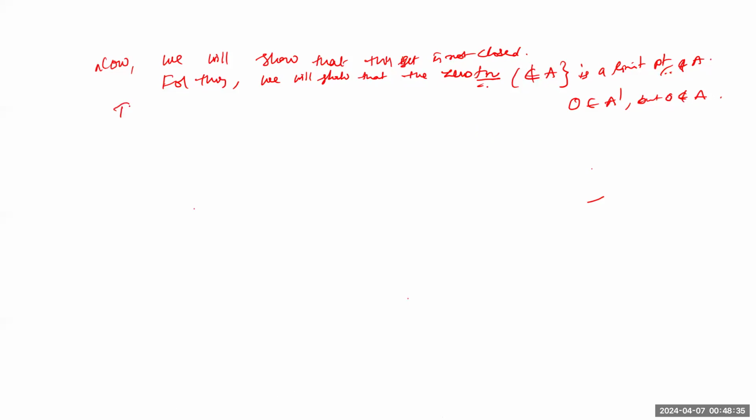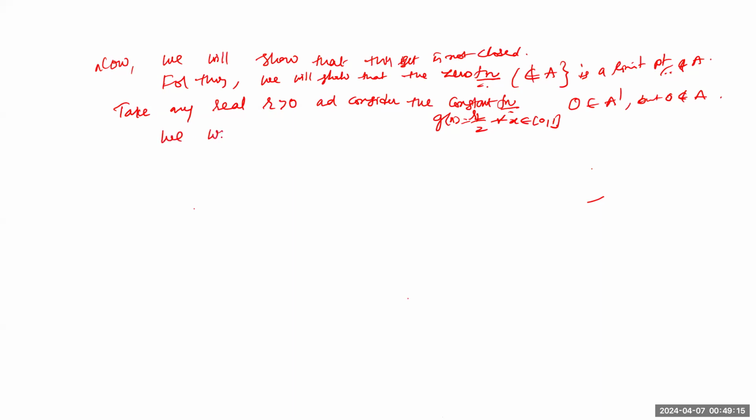Okay. So take any real small r greater than 0 and consider the constant function g of x is equal to r by 2 for all x belongs to 0 comma 1. What am I going to show?